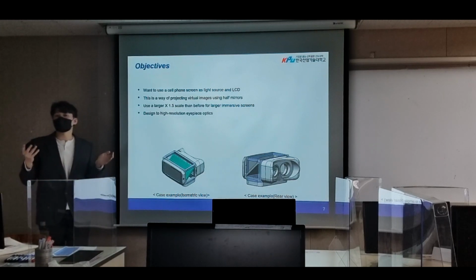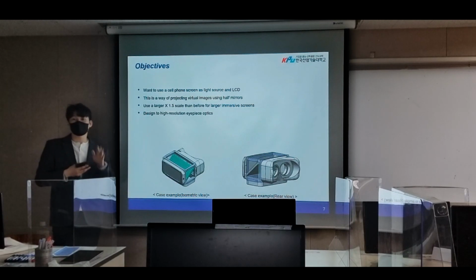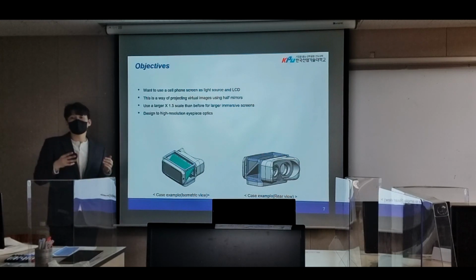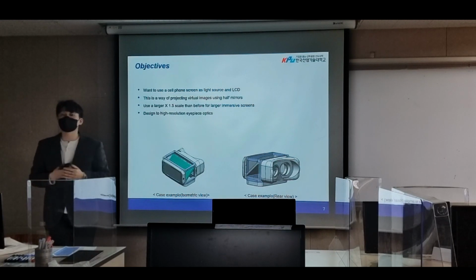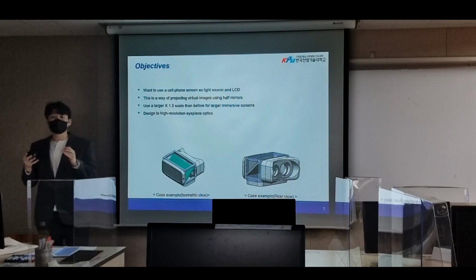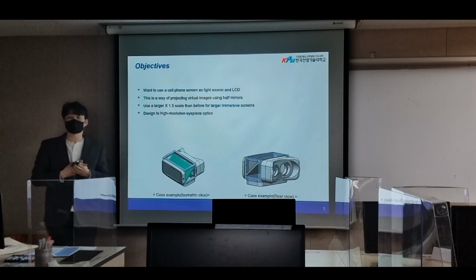We also use the half mirror with 50% transparency and 50% reflectivity to show the virtual image. The optical system scale of the virtual image is 1.5 times larger than the existing cell phone and will be designed to give an excellent sense of immersion.